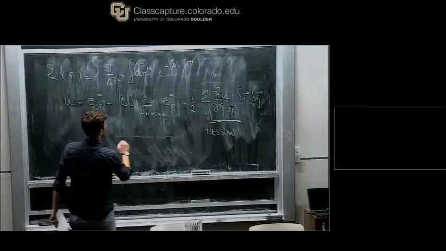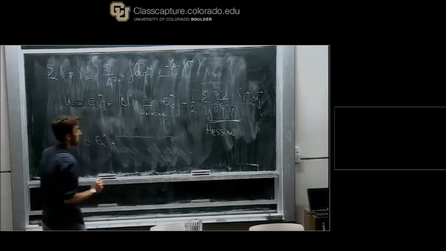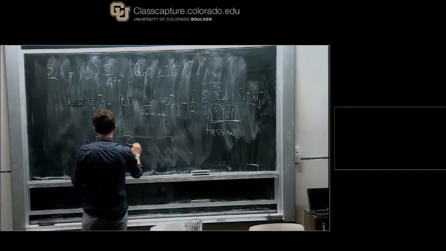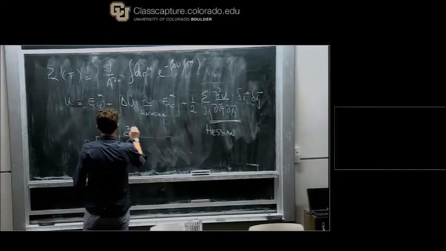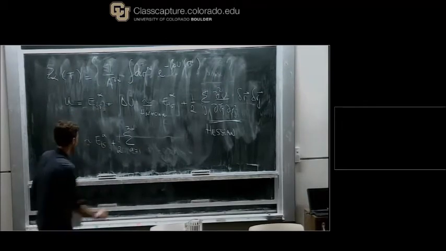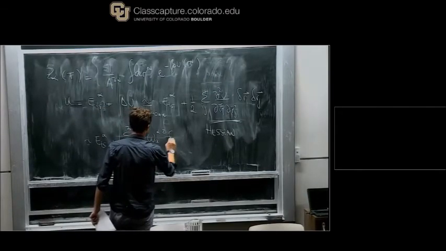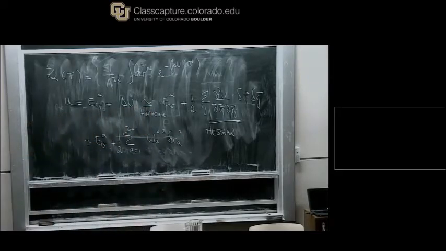Okay, so this is E_IS of alpha, plus I will introduce the eigenvalues, which I will call omega. So I have a 1/2. So I have 3N of these eigenvalues, which I call omega_a of alpha squared. Okay, so these are the eigenvalues of the Hessian, which I have diagonalized.